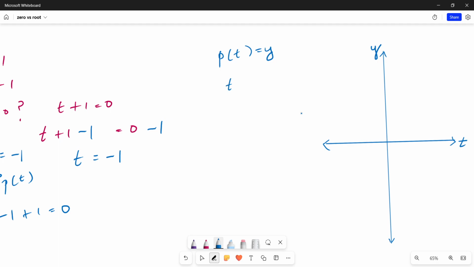Let's take some values for t and p of t, or y, so that we can plot the points in this graph. If t is 0, what happens to the polynomial t plus 1? 0 plus 1, which is 1. Let's take a random value of 2 for t. So y becomes 2 plus 1, 3.